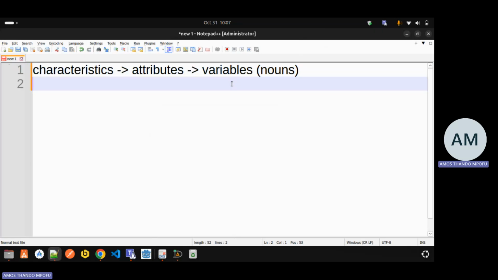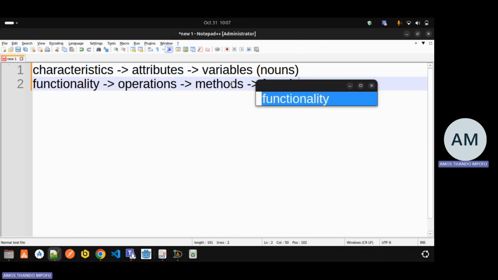So therefore, we say that this is functionality, or in other words, they use many words. Remember, English has synonyms for things. So these are sometimes called operations, these are sometimes called methods, but at the end of the day, these are just functions, right?